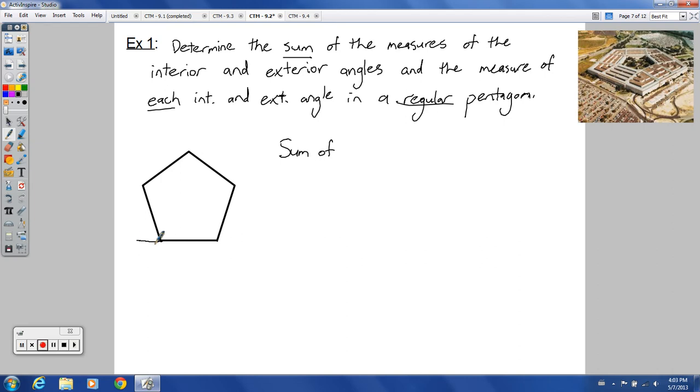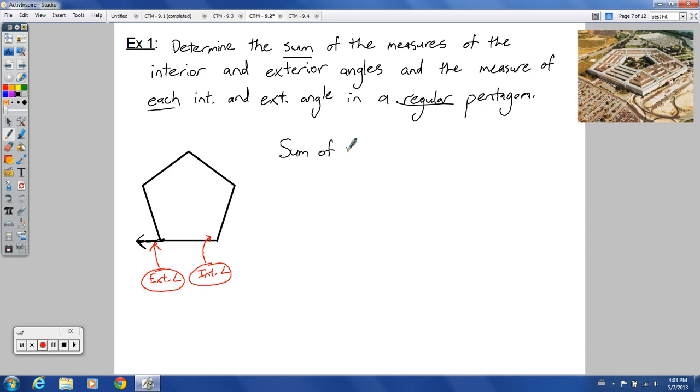So this one would be the exterior angle. Let's label that in red right here. This is an exterior angle. And then this one on the inside, that's going to be an interior angle.